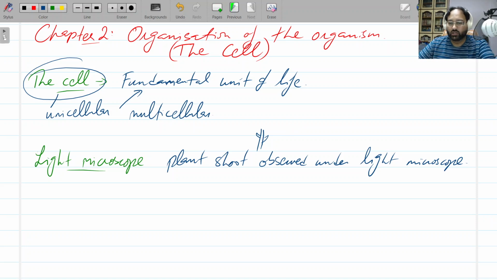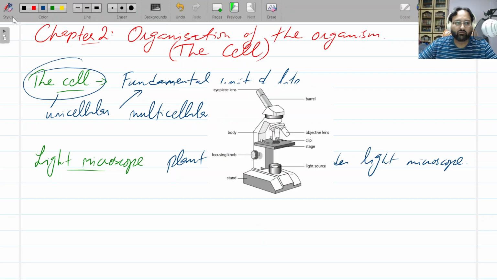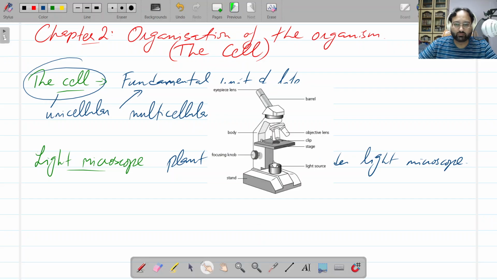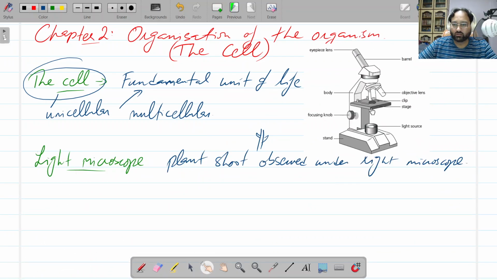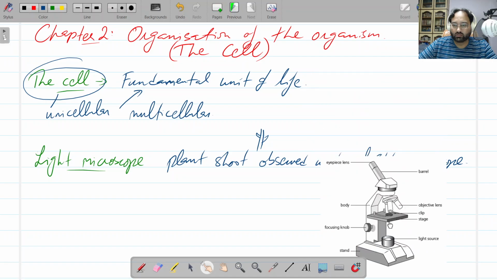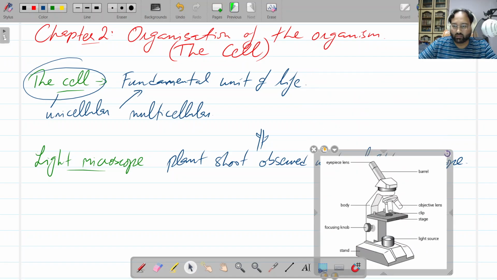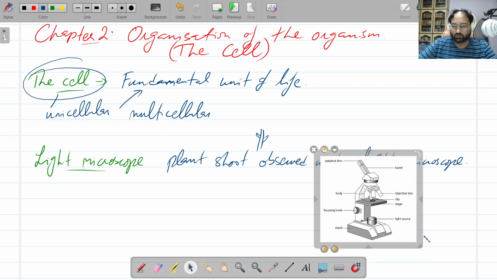Okay, so let me just screenshot this thing. So here you have a light microscope. Can I fit it in here somewhere? Can I make it smaller? Should be able to make it. Oh yes.